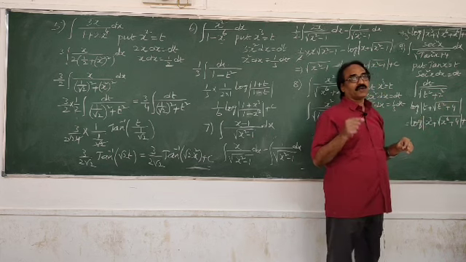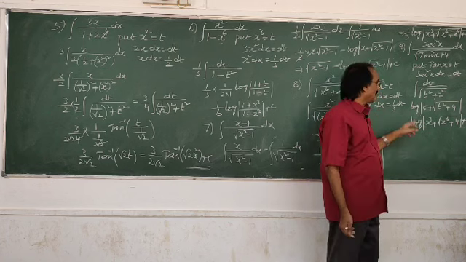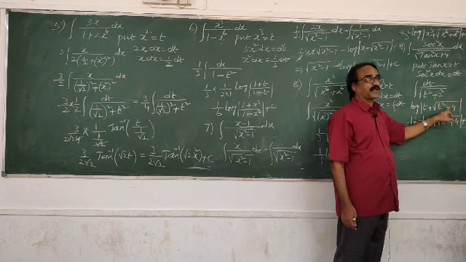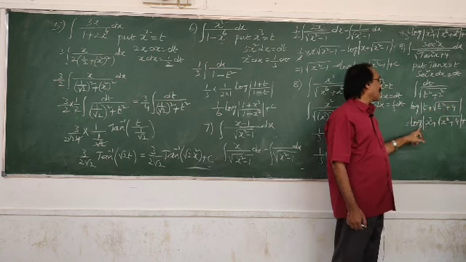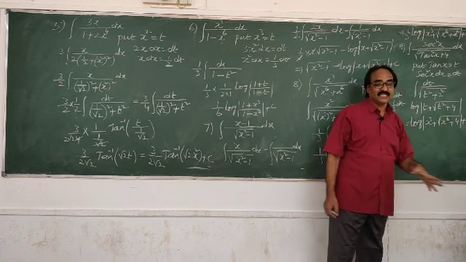So integral 1 by root of x square plus a square, again the same, log mod of t plus root of t square plus a square. So wherever t is there, I substituted tan x. So log mod of tan x plus root of tan square x plus 4 plus c.